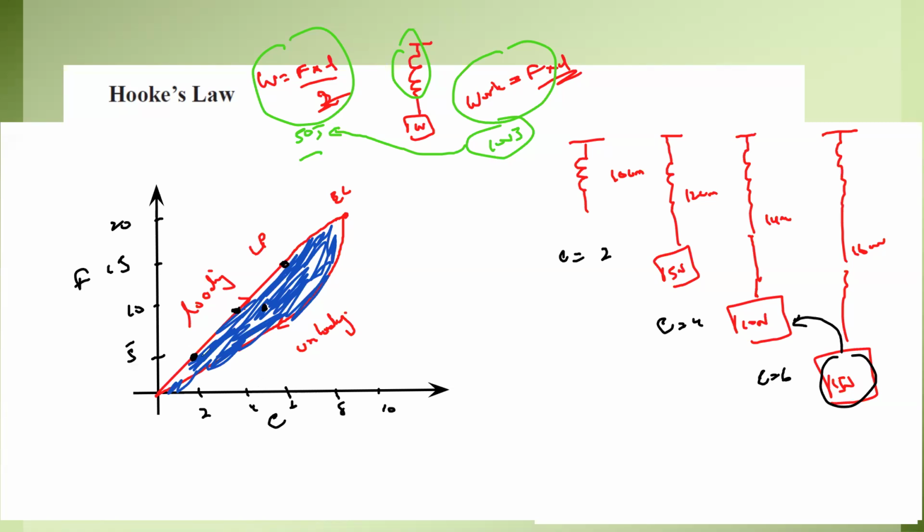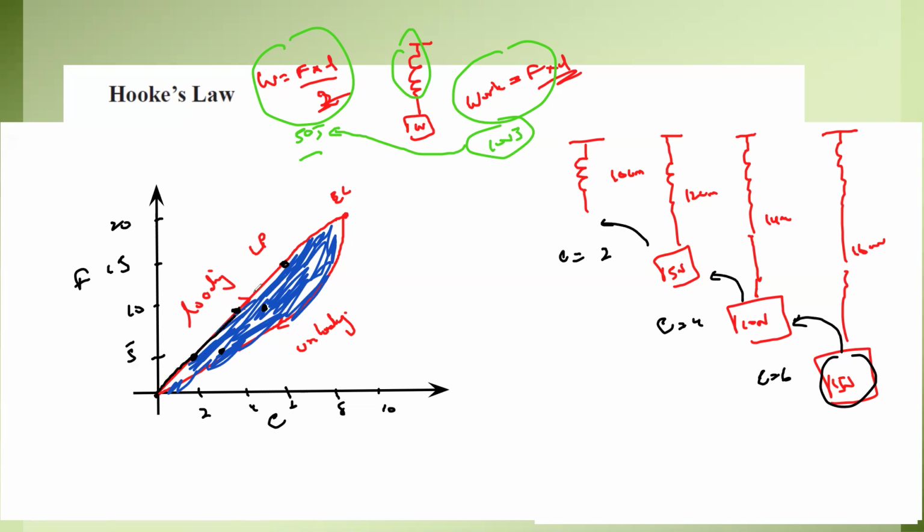Then when I remove the load to 5, the extension should be 2, but it will not be 2, it will be more than 2. But when I remove the load completely, no load is there, the extension is 0. So when I join these points for the loading of the spring and the unloading of the spring, I find a difference.